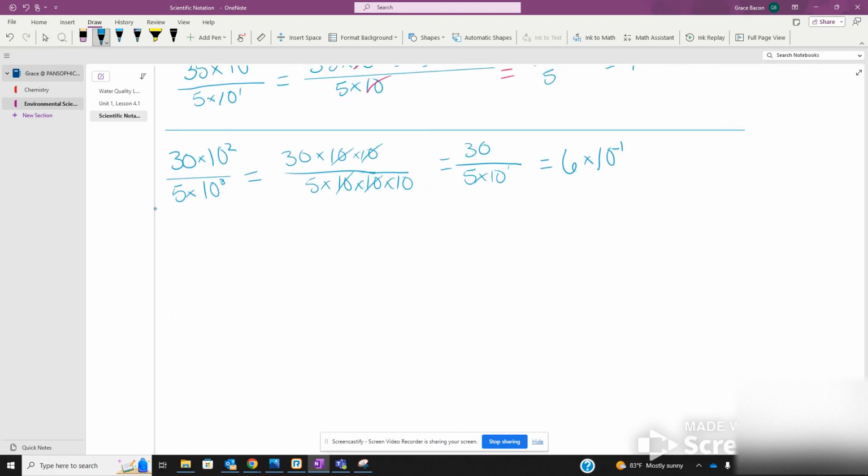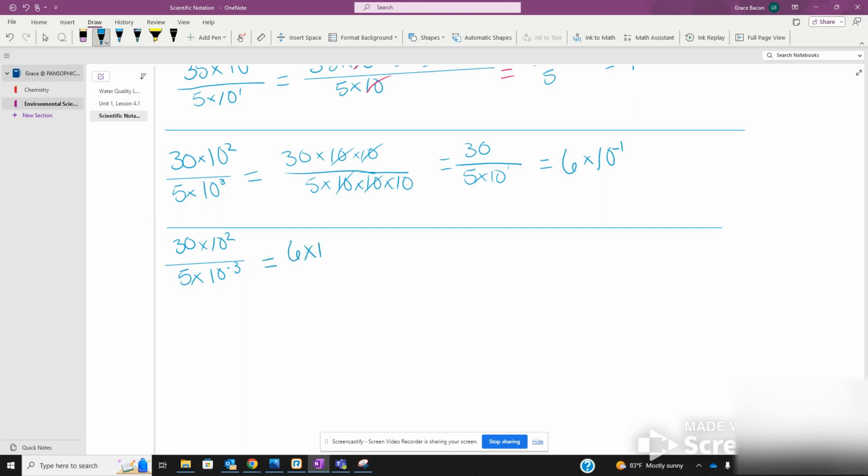Okay, and then I said I just wanted to give you one so that you can see it where you have a negative exponent on the bottom. So I'm going to use the same one, but I'm going to say this is a negative 3. Ugly. 30 times 10 to the 2nd over 5 times 10 to the negative 3. And I'm going to use the rule this time. I'm going to say, okay, well, 30 divided by 5 gives me 6.